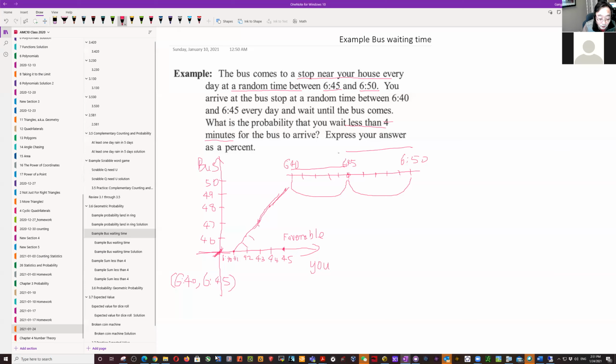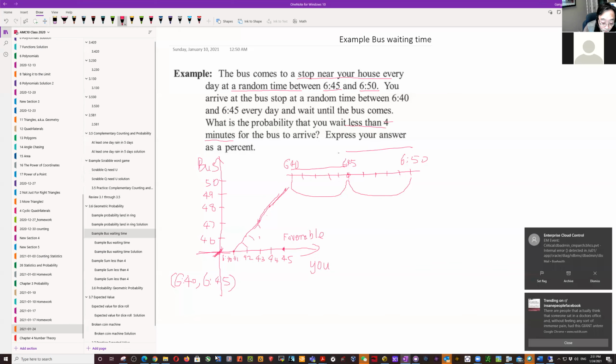But below this line, for example, I can choose a point to justify my idea. So this is like you arrive at 43 and the bus arrives at 46. So you actually waited 3 minutes. Then this, you waited even less.